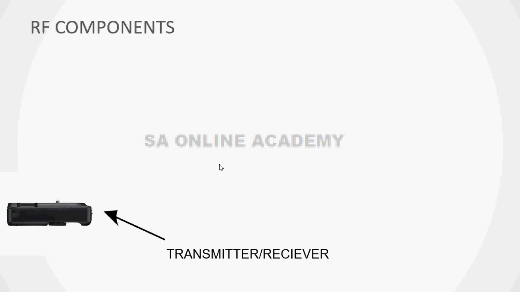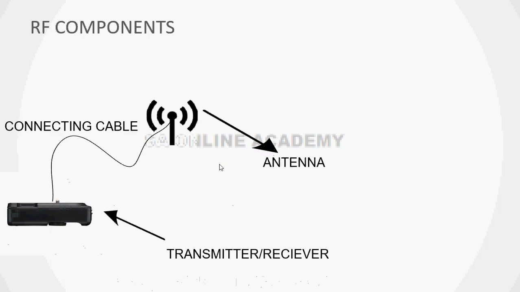Okay. And next is the antenna. An antenna has two functions. When the antenna is connected to the transmitter, it collects the signal from the transmitter and radiates the signal from the antenna in a specific pattern. So that is the antenna at the transmitter end.